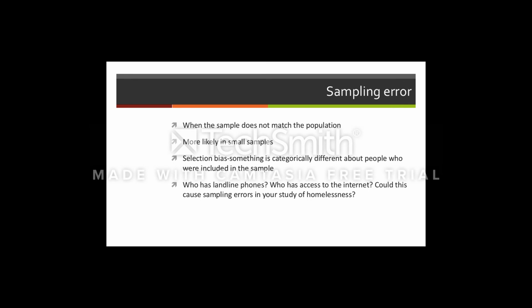Sampling error is the technical name for when the sample doesn't match the population. And this is only an issue in, sorry, in random sampling. In non-random sampling, we don't have the expectation that the sample would match the population. But sampling error occurs in random samples when the sample does not match the population.